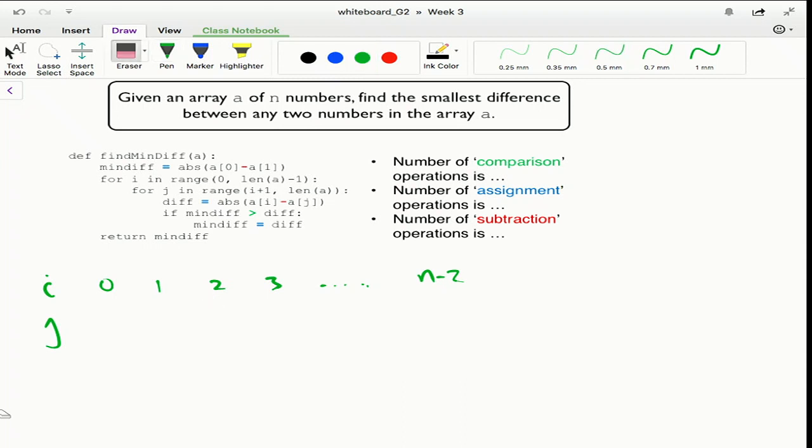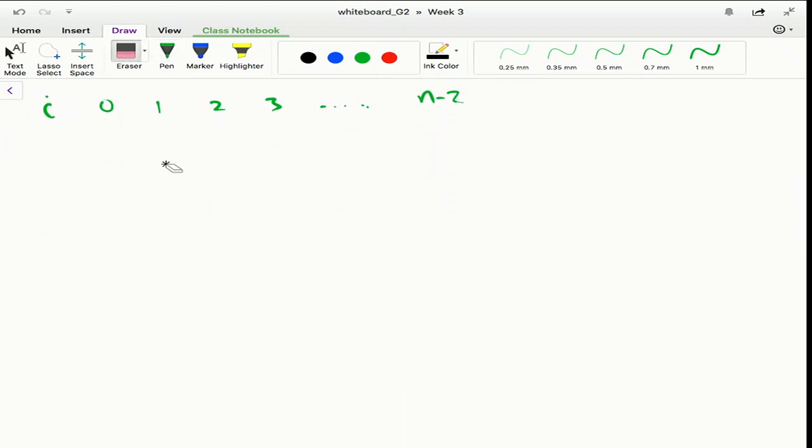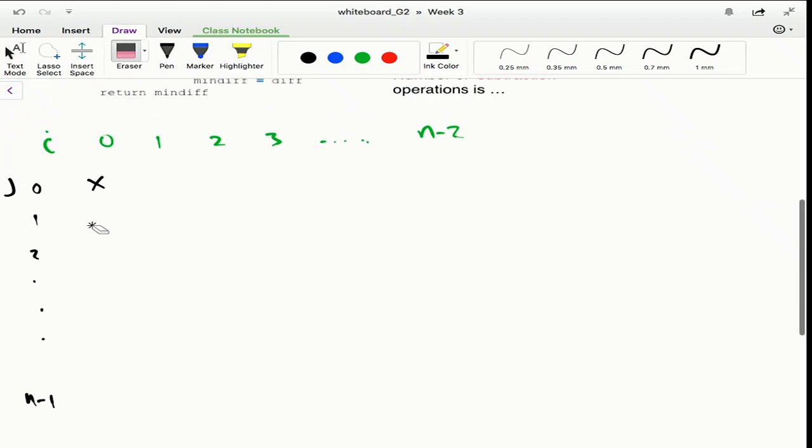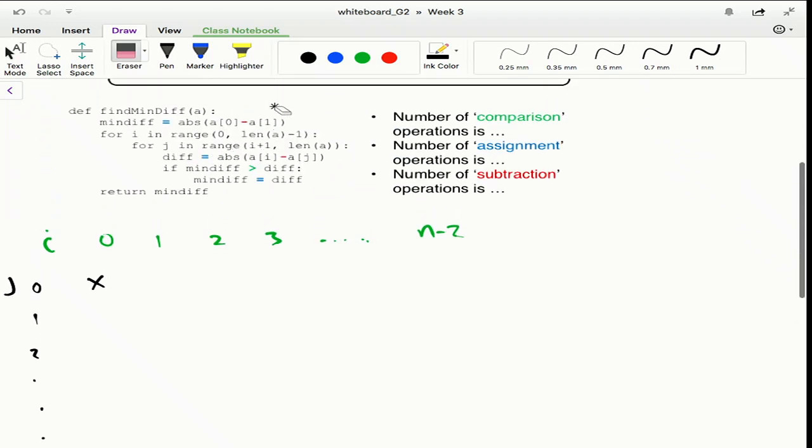Now if you look at this, let's look at the j. Suppose that the j itself can run from 0 all the way to, let's say, n minus 1. But because we start from i plus 1, there is nothing to do for the earlier values, right? So when i is 0, j equals to 0 is not going to happen. So j equals to 1, 2, 3, 4.